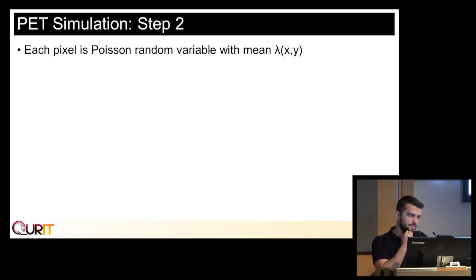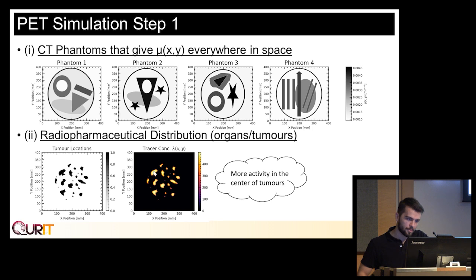And so the simulation, you have to be very careful about what you're talking about here. So each pixel of this represents decays, and its lambda is the mean of a Poisson distribution. Because when you actually collect data, of course, you're drawing a random number from this. Decays are stochastic in nature.